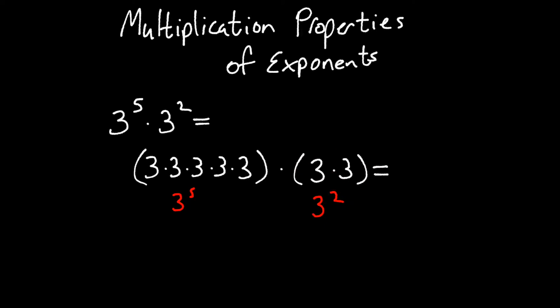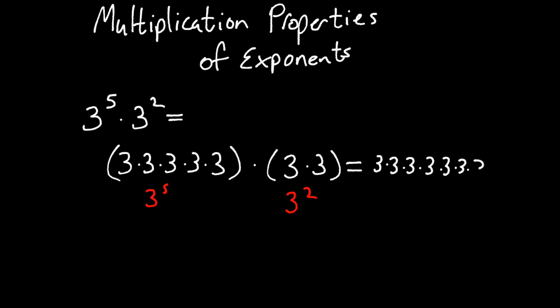And if I were to write out 3 times 3 times 3, 7 times, sorry, that's a bad 3 at the end. Let's fix that. There we go. Well, what would we think of that as being? This is 3 to the 7th.